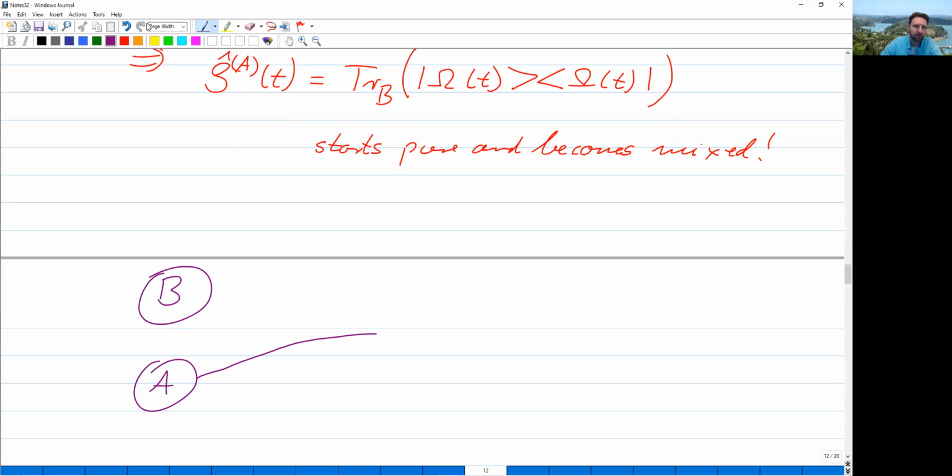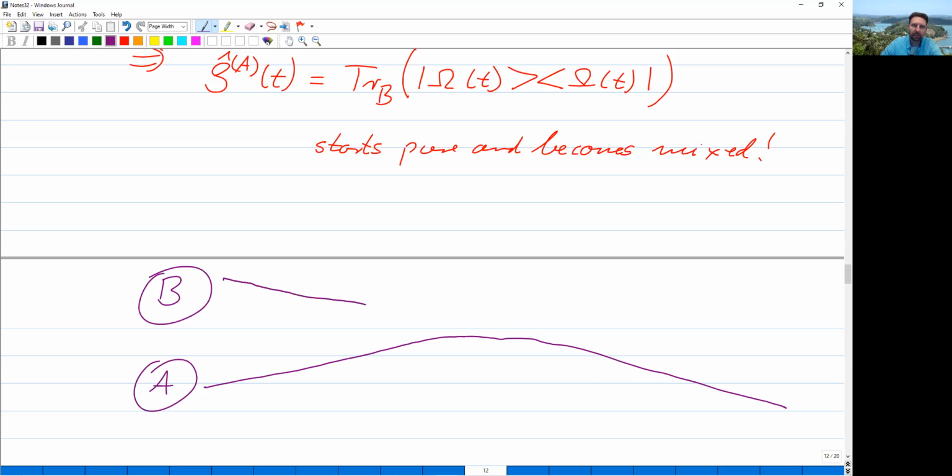Let's say they evolve like this, and then they interact with each other, and then they evolve freely again. Similarly here, it evolves freely, and then it interacts with our system A, and so on.